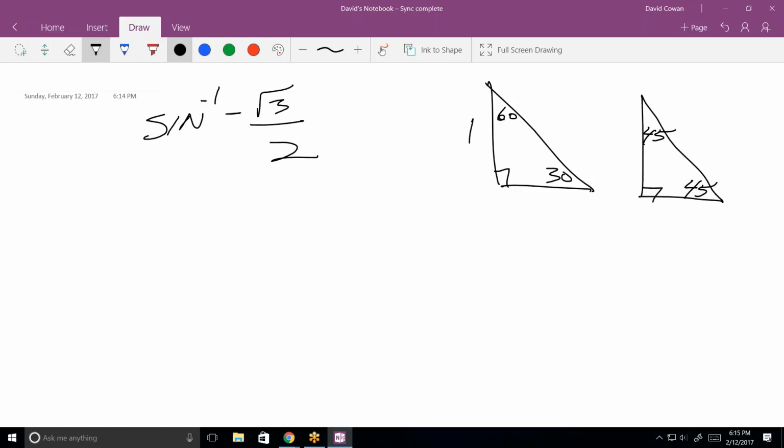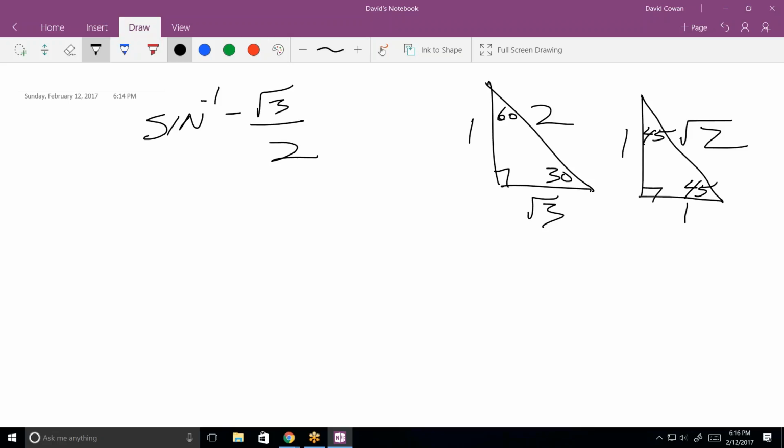So that's 1, that's 1, that's 1. On the triangle on the left, the side opposite the 60 is root 3, and the hypotenuse is 2. And over here the hypotenuse is square root of 2. It's those dimensions that are what's important.